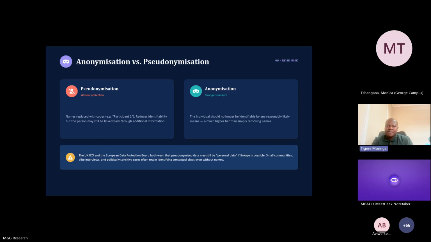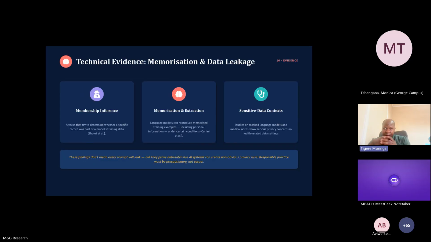But that's not enough, right? We need to talk about the technical evidence showing that AI and machine learning systems can leak information, right? We have evidence that proves that these AI platforms can actually leak that information.